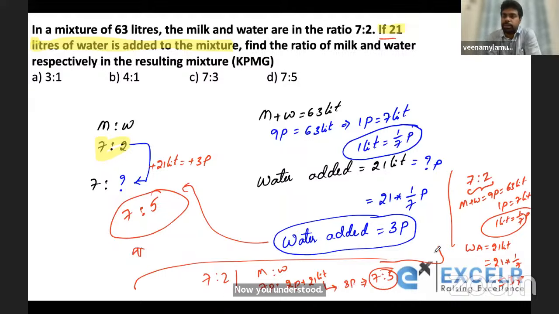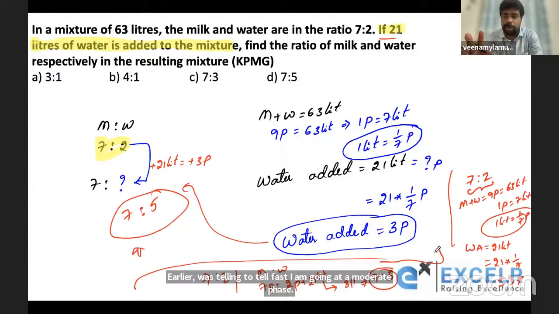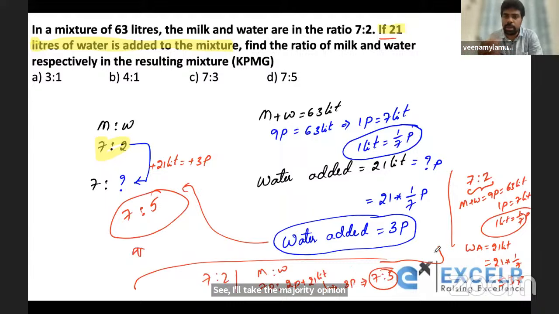See, Redmi is telling to go slow. Earlier Siva was telling to go fast. I am going at a moderate pace. See, I'll take the majority opinion now. Are you all able to catch up with me? The flow I am going, is it okay for everyone? One person told me I am a bit fast.